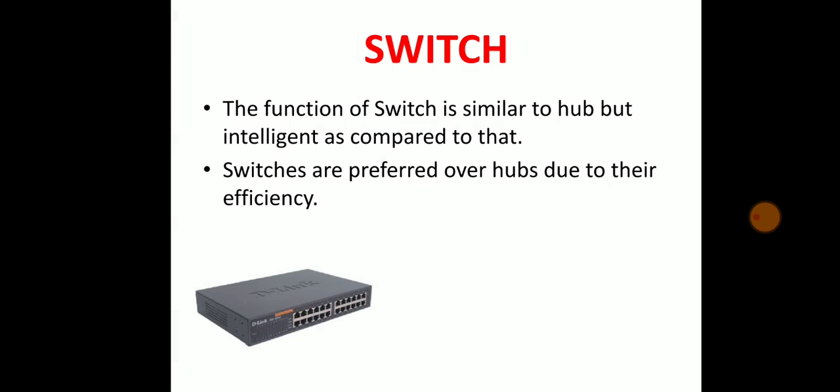Next one is the switch. Switch is similar to the hub, and its function is similar, but it is more intelligent as compared to the hub. It means that the switch is more intelligent and works more efficiently than the hub.